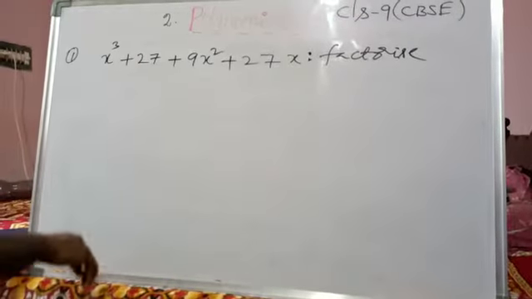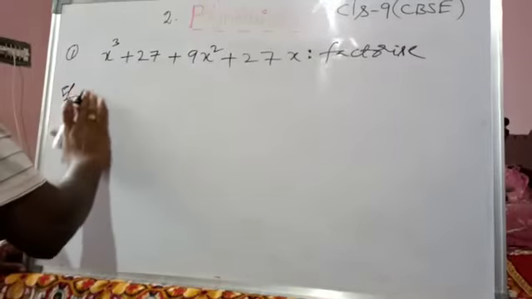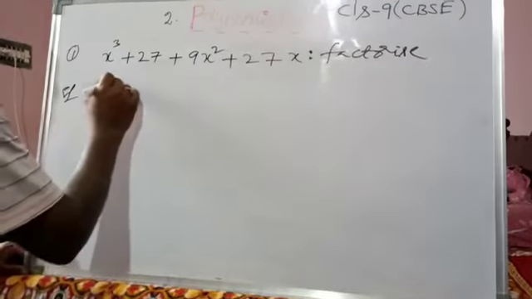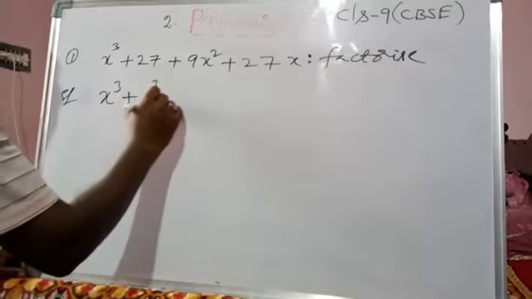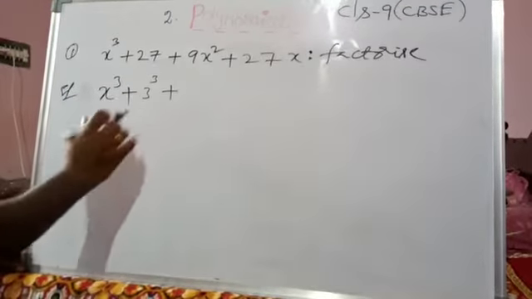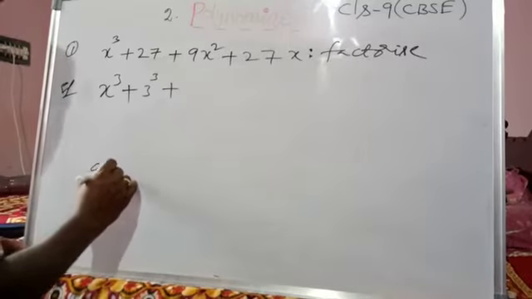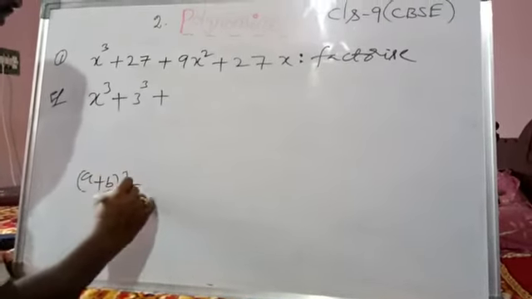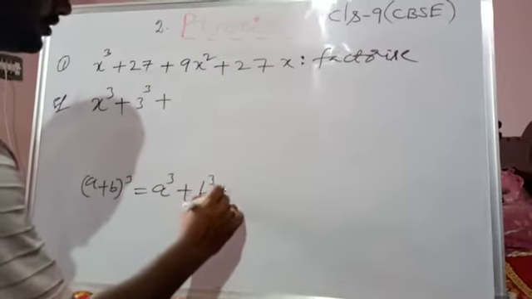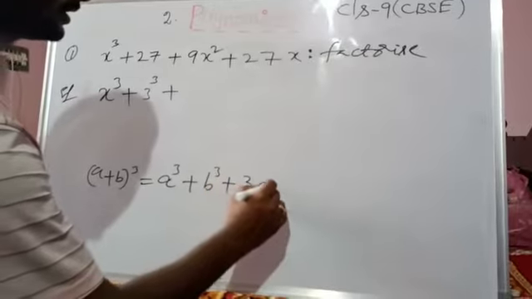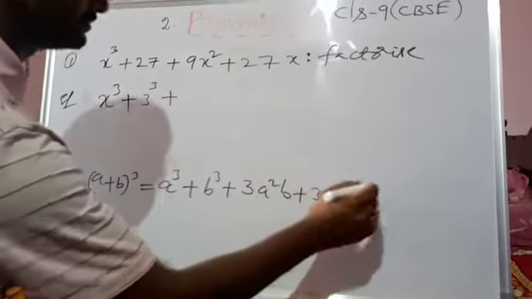So we will see. x cube plus 27 is x cube plus 3 cube. If you observe the identity, what is that identity, students? (a plus b) whole cube is equal to a cube plus b cube plus 3a square b plus 3ab square.